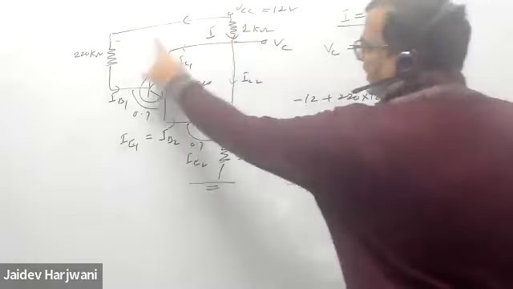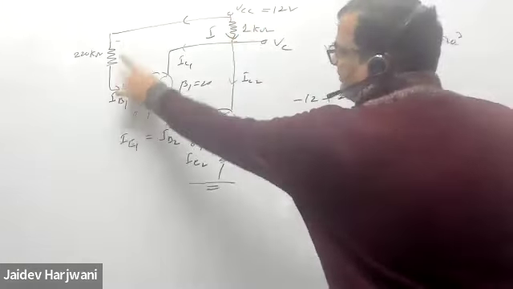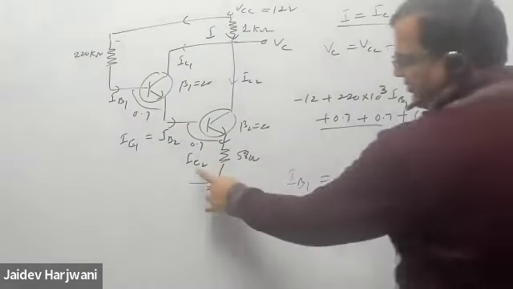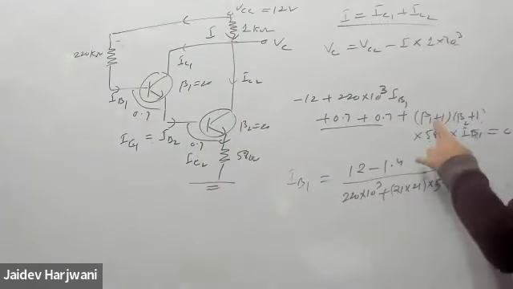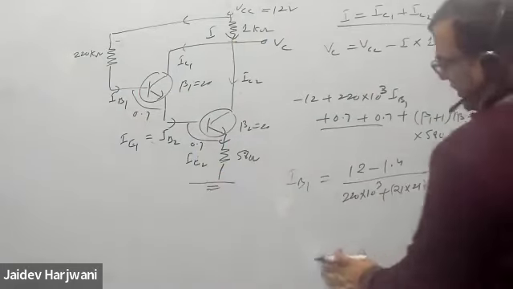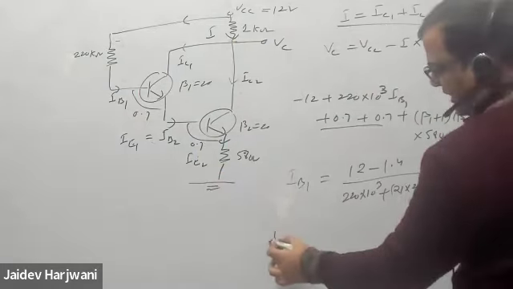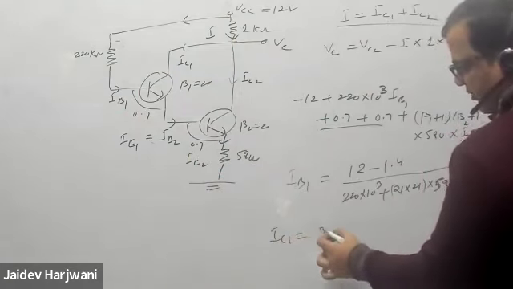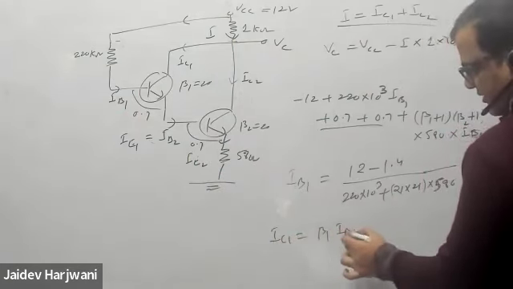This is minus 12. Here current is flowing, IB1 into this one, then this voltage and this voltage. IE2 I can find in terms of IB1, beta 1 plus beta 2 plus 1. Once I know this IB1, automatically I know what? I know IC1. IC1 is what? Beta 1 IB1.